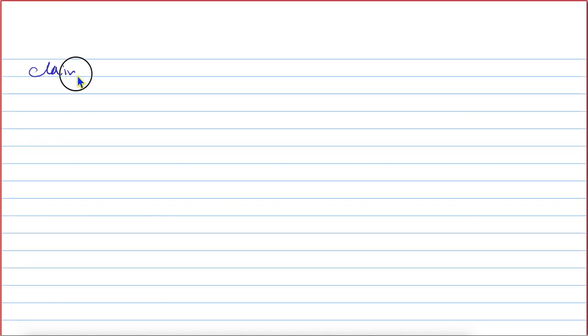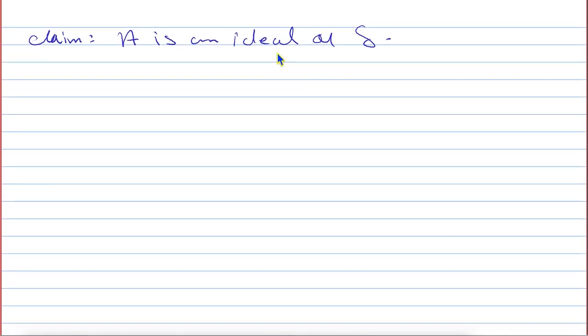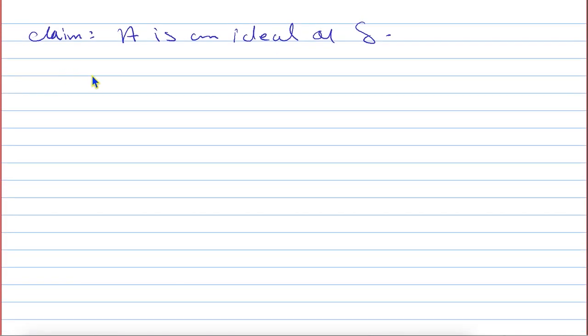First claim: A is an ideal of S. So we proceed. First, we need to prove that A is non-empty. But this is clear, since 0, of course (0_R, 0_Z), is in A, because the product of this 0 by any element from R is necessarily 0.